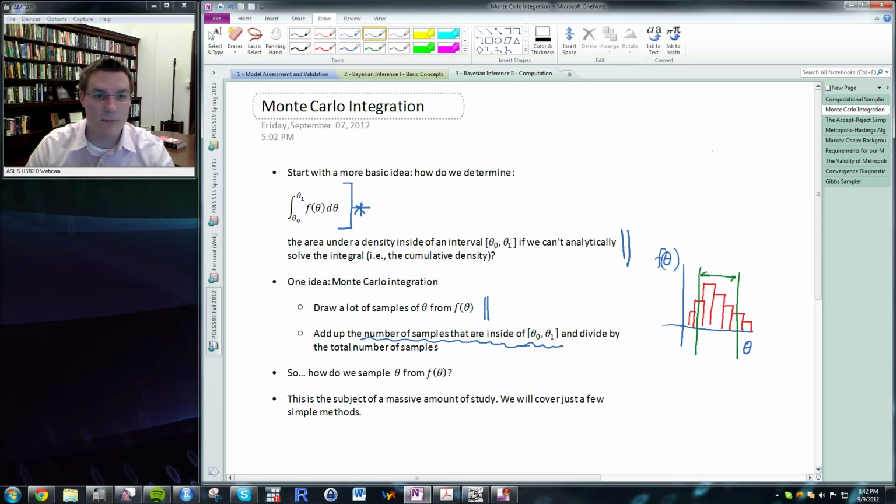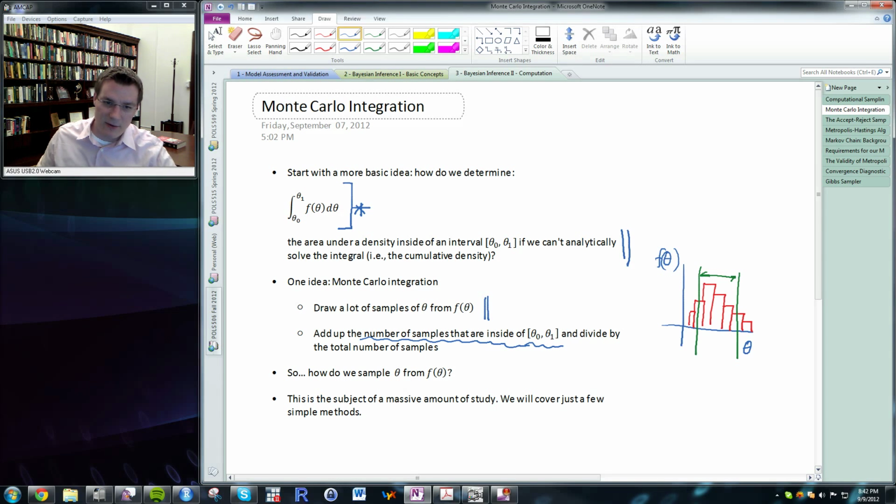It's a very simple procedure to explain. We're just taking a look at what a density looks like by drawing a lot of samples out of it, and then computing brute force averages or sums out of those samples. Pretty easy to understand and pretty easy to explain. The hard part comes in actually getting the samples. And as I alluded to, this can be a very complicated topic.